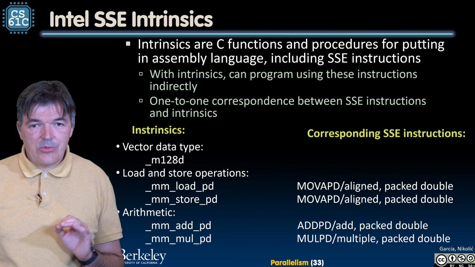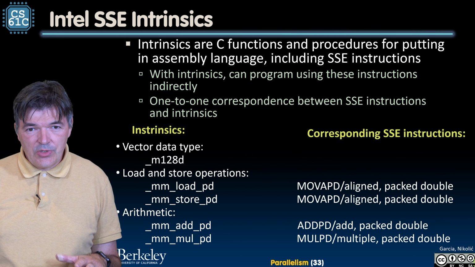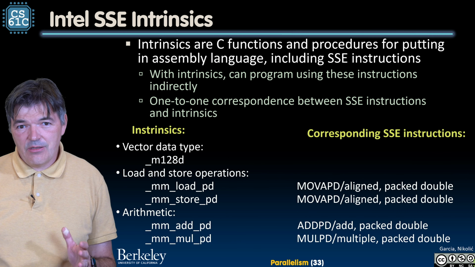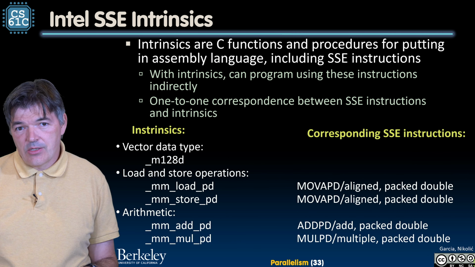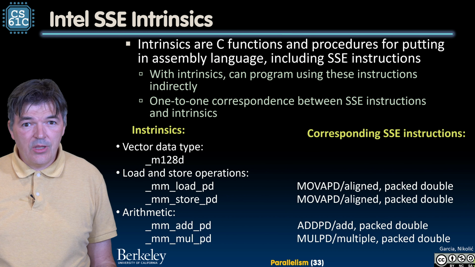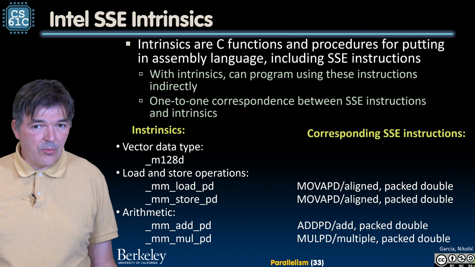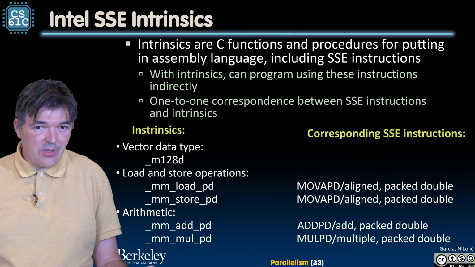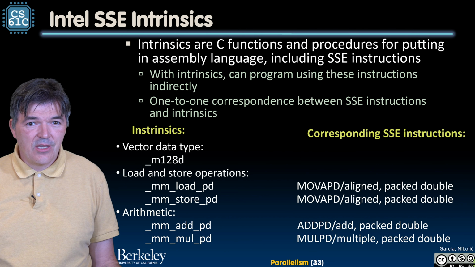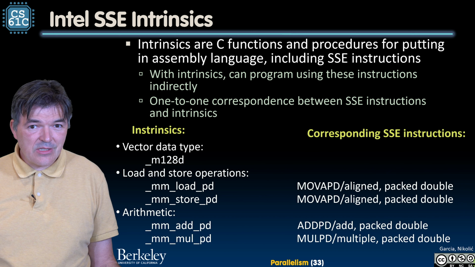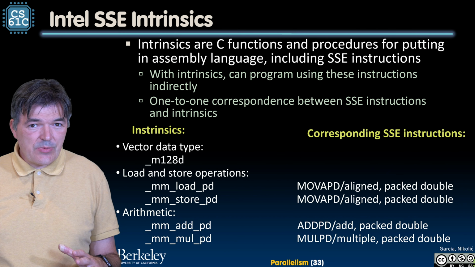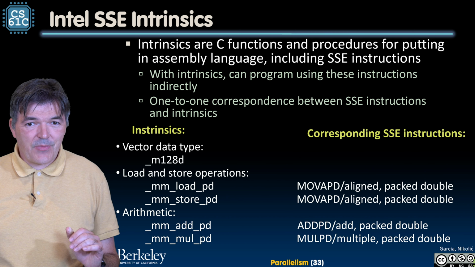Now, we generally don't want to write assembly code if we don't have to. So first we will rely on the compiler. And compilers, like GCC, do have access to these SSE instructions, but may not always perform in an optimal way.